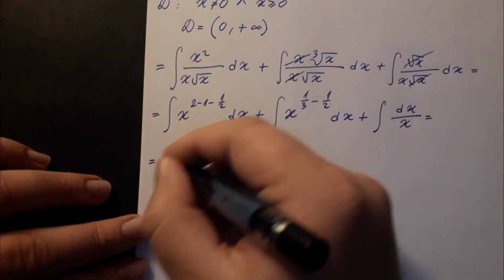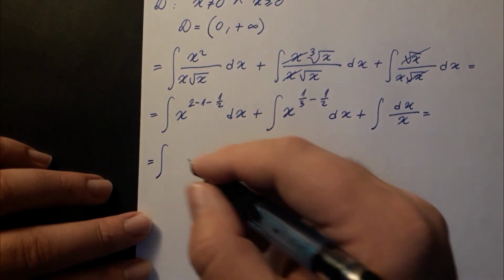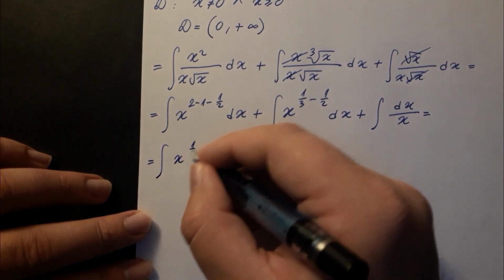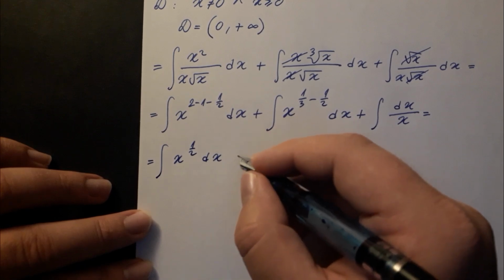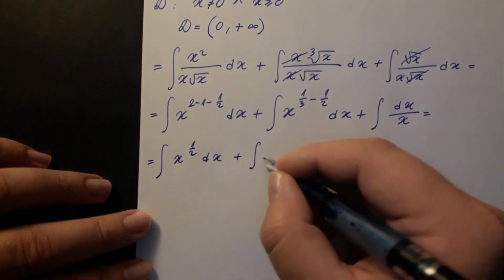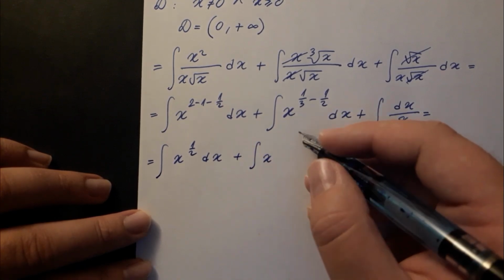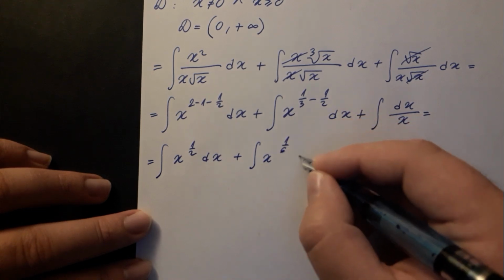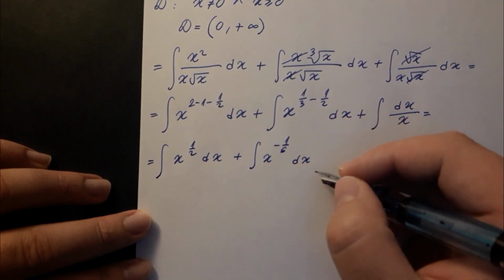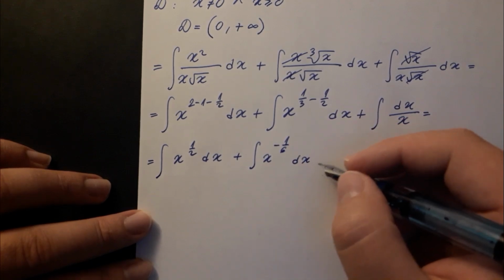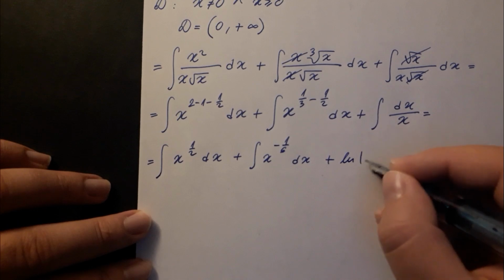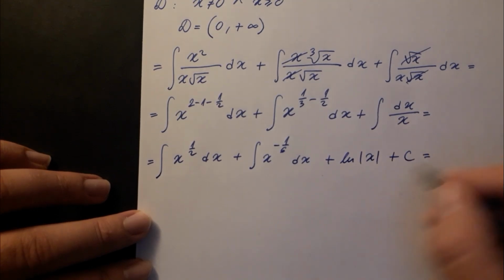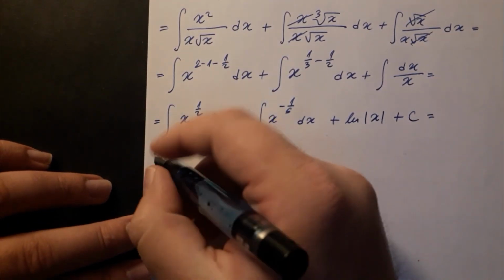So this is then equal to an integral of x to the power 1/2 dx plus an integral of x to the power 1 divided by 6 dx, and that is negative 1 divided by 6, and plus ln of absolute value of x and plus an arbitrary constant c.